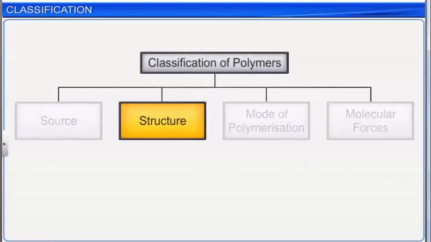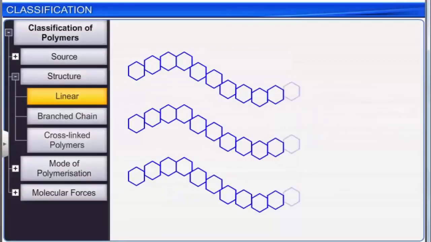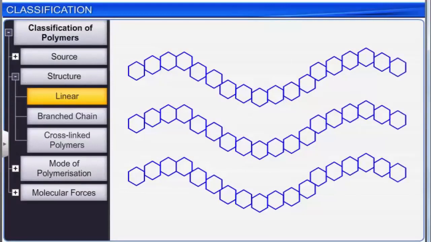On the basis of their structure, polymers are classified into three types: linear, branched chain, and cross-linked polymers. Let us study each of them in brief. Linear polymers are made from long, straight chains.